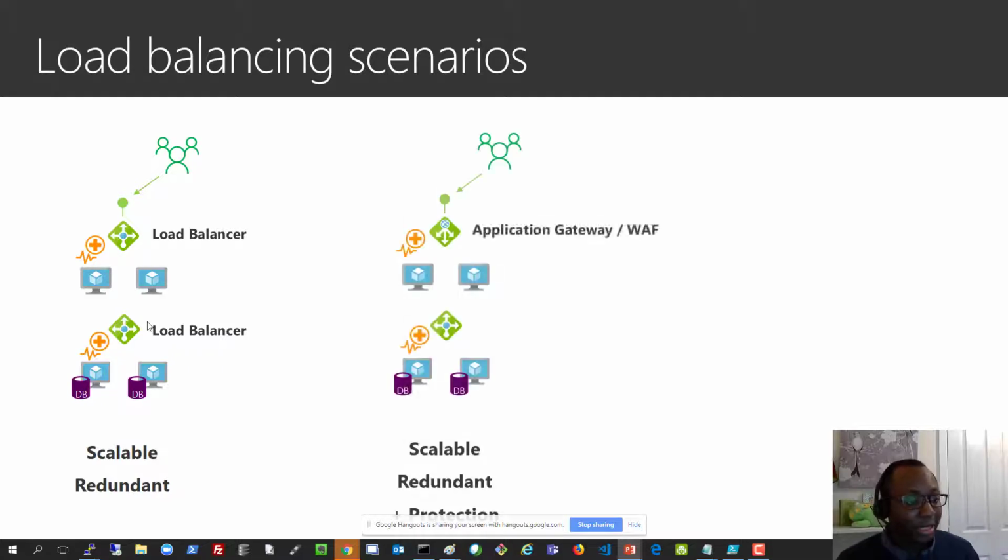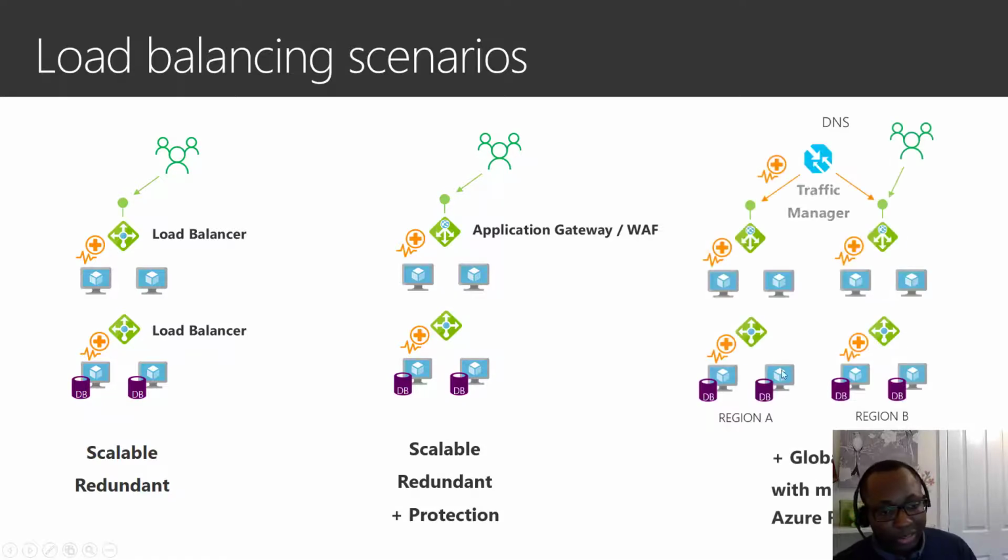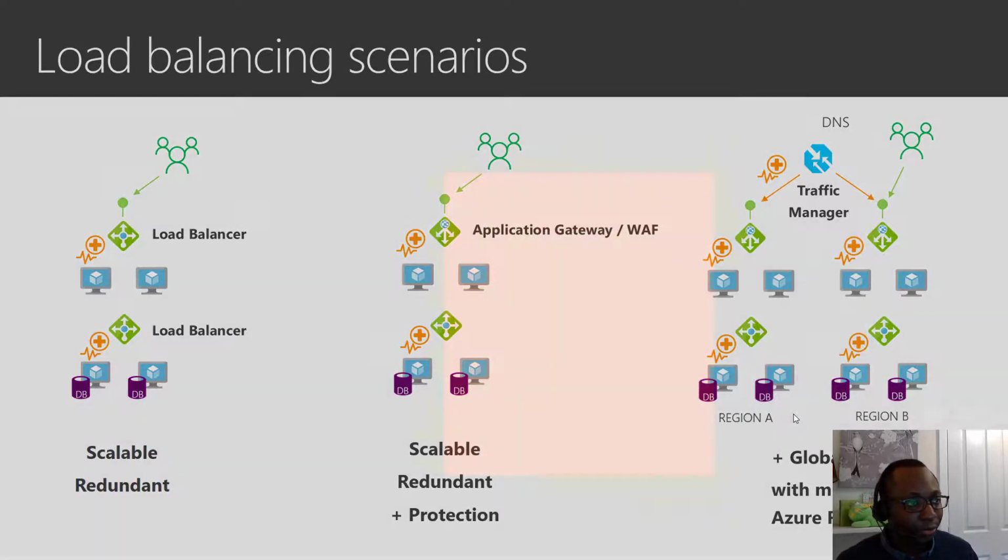So that's good. Then we have our application gateway that can provide layer 7 type load distribution, SSL termination, HTTP and HTTPS type traffic. I think it also covers WebSockets. So that's good. And we have Azure Traffic Manager, which we can use for global distribution.